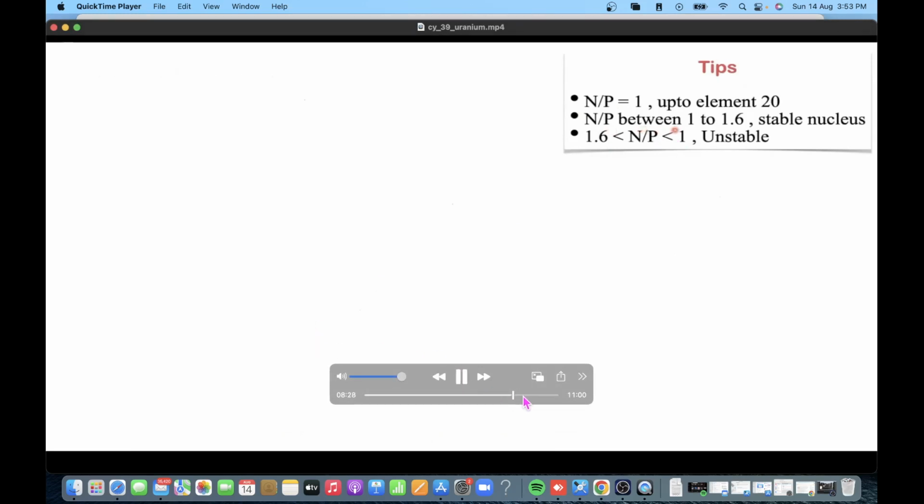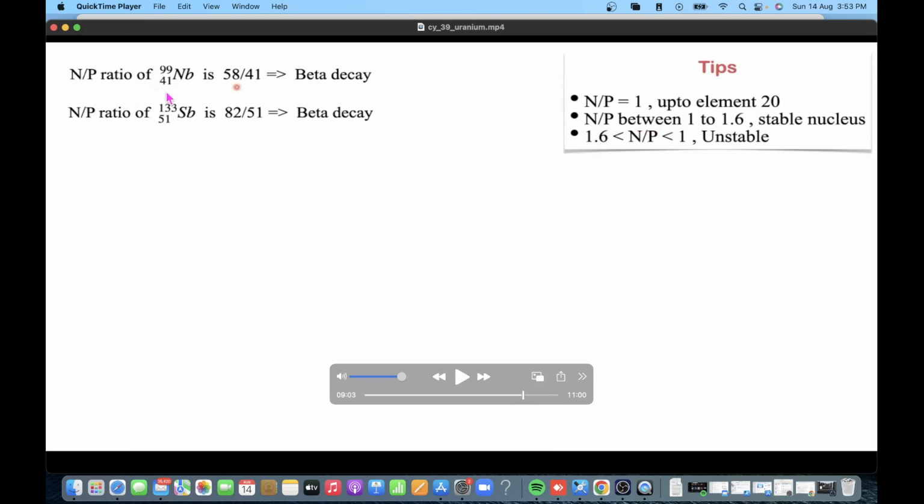So for our example, this particular element has a number of neutrons of 58 upon 41 protons. You can subtract 41 from 99 to get the number of neutrons, and then take the ratio, and you will get to know that it will undergo beta decay, because we have an n value higher than the proton value.